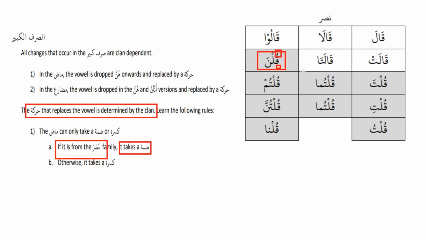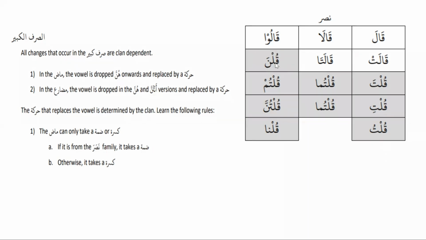Okay. So far, so good. Here in Hunna the vowel is dropped, and we put Dhamma on the Fa kalma because Qala Yaqulu comes from the Nasara family. So Hunna is Qulna.